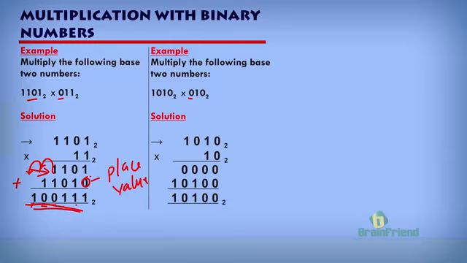So we write that down, 1010 base 2 times 10 base 2. 0 multiplies 1010. We have all of that in that row, 0, 0, 0, 0. 1 multiplies 1010, and we write that down. The 0 here is our place value 0. We just use it to fill our space.